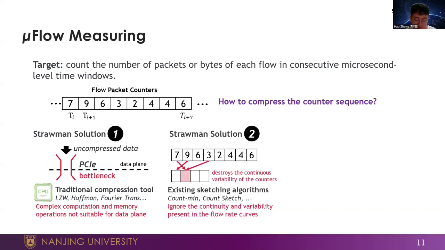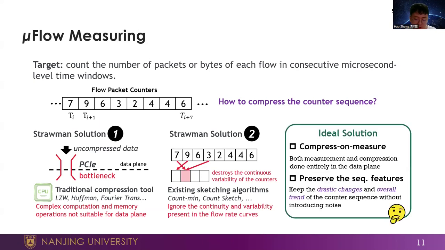The second strawman solution is to directly use sketches. However, existing algorithms destroy the continuity of the counter sequence. In microsecond-level monitoring, they cannot effectively compress the counter sequence and will bring unexpected noises. So, there are two requirements for an ideal solution.